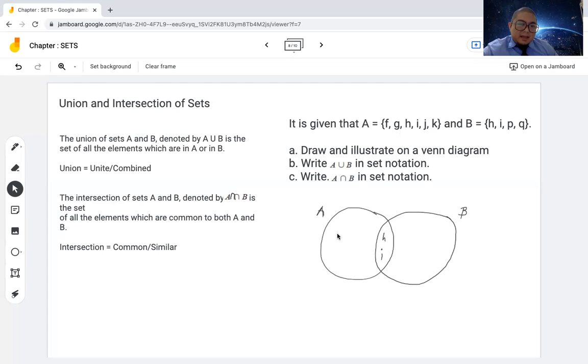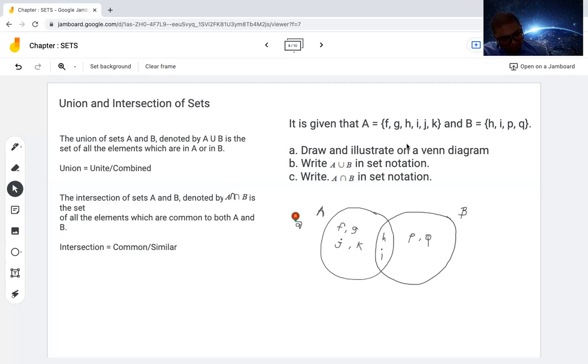So if this is the circle of A, then the remaining elements of A will be written on the other side: F, G, J, and K. And then we're just going to do the same thing on the other side, which is P and Q. Now you have the illustration of these two given sets in a Venn diagram. This is how we answer letter E.